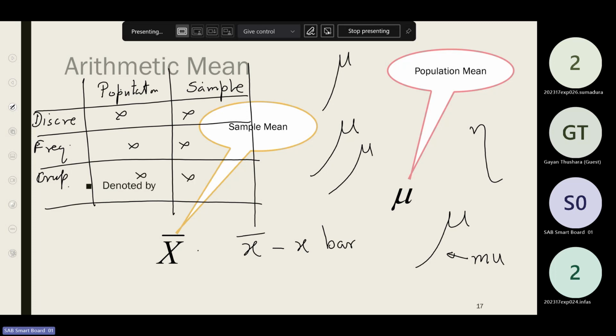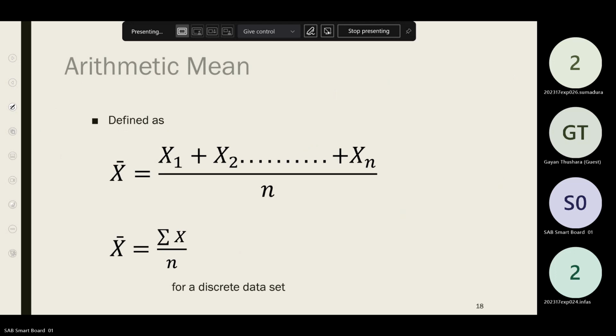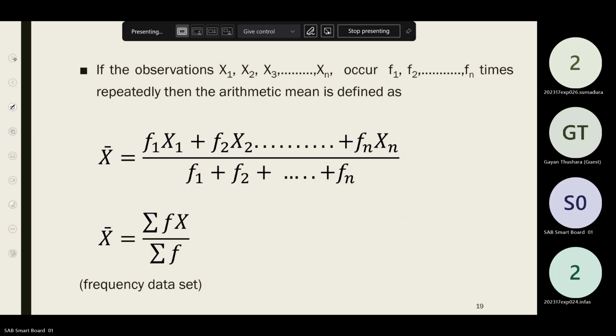For each one, we have a formula, right? If it is population discrete type, one formula. So 6 formulas should be there. So next we look at the formulas.